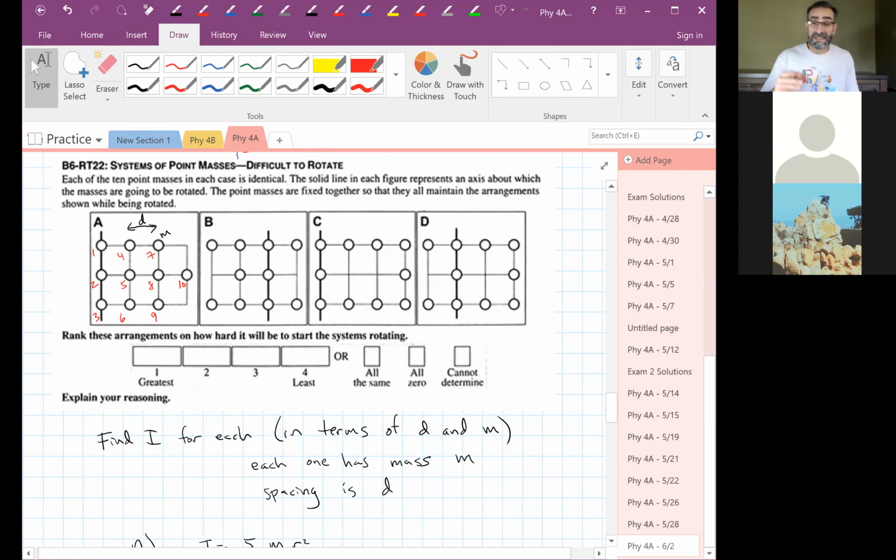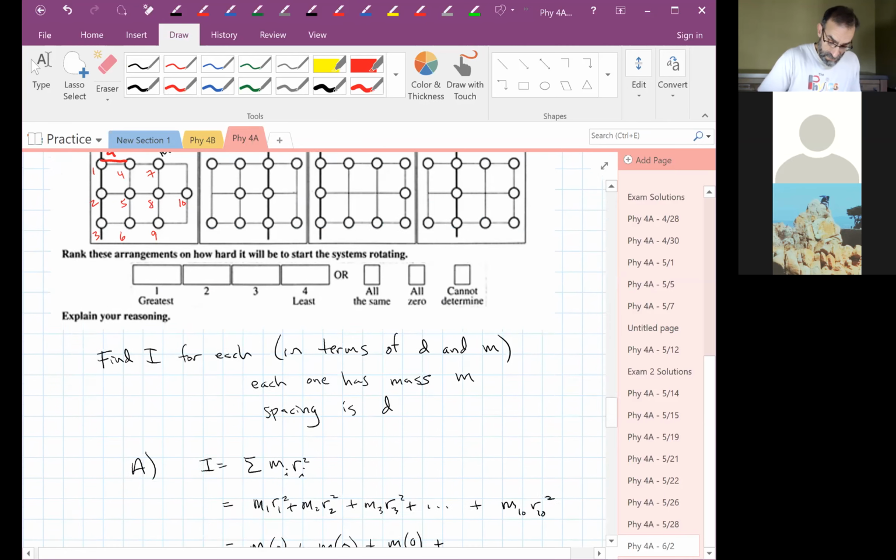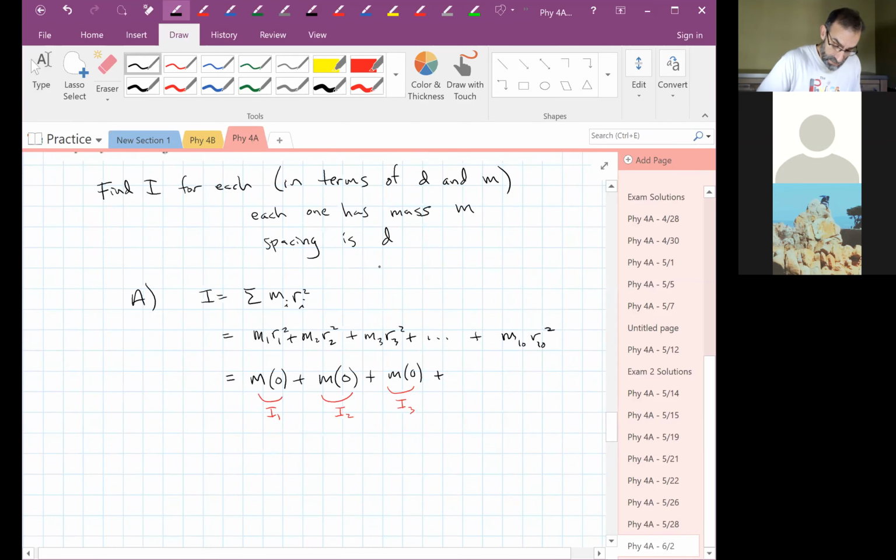We're looking for the distance from the axis of rotation to our mass. So it's just a distance d. So this is going to be m times d squared, the rotational inertia for object 4.